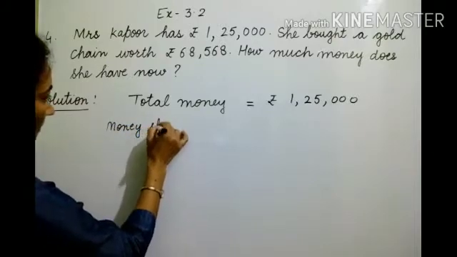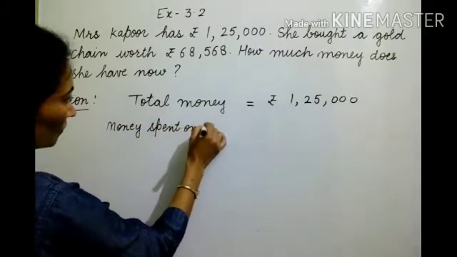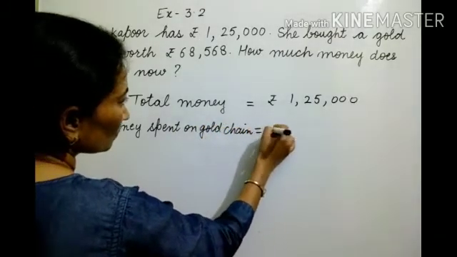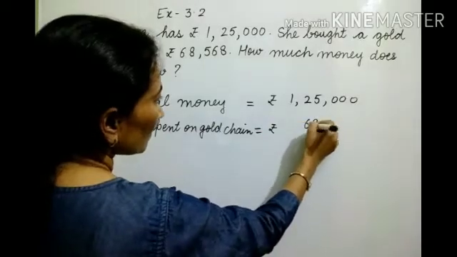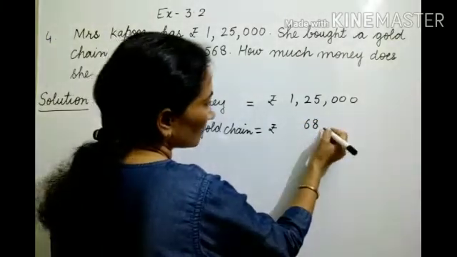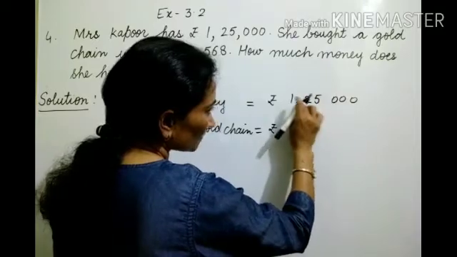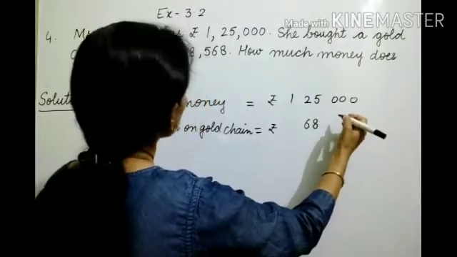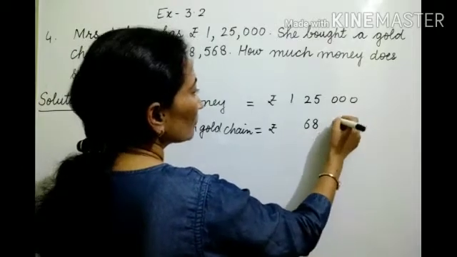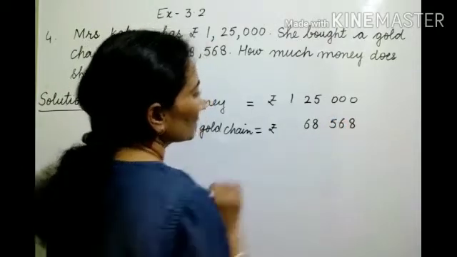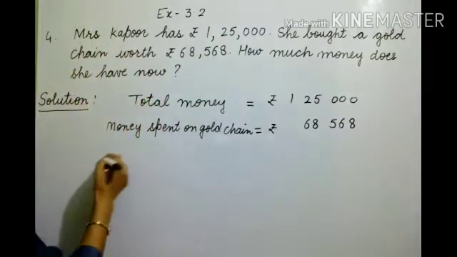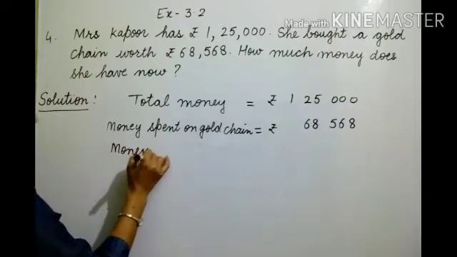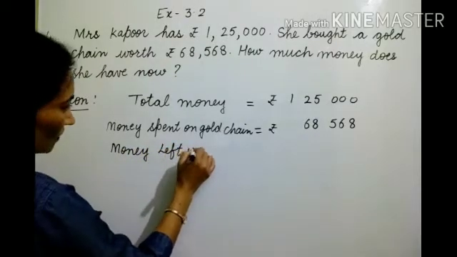Money spent on gold chain, which is equal to rupees 68,568. In doing subtraction and addition, we can avoid commas, so you may not be puzzled. Now money left. Money left with her.